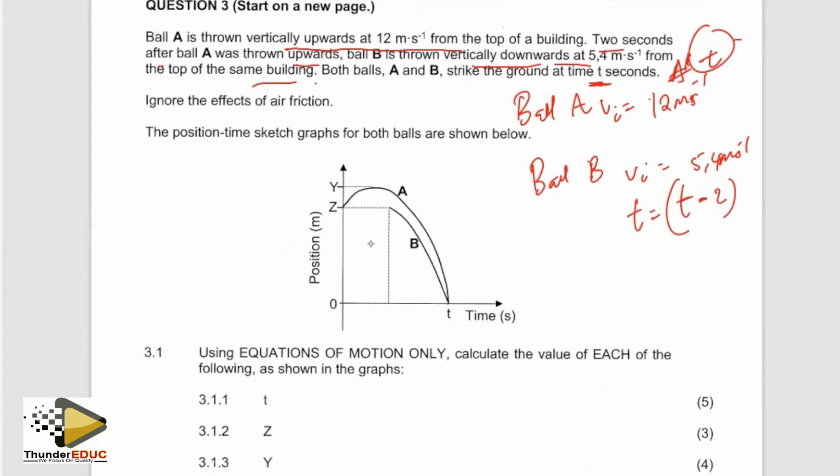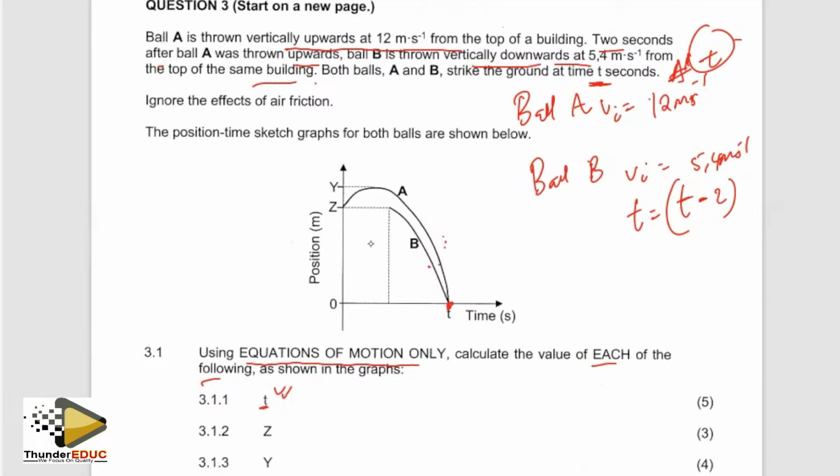Now, for us to answer the question, because they want us to use just equations of motion only to calculate the value of each of the following. They want us to get the t, the time when the 2 blocks strike the ground. For that to happen, the 2 blocks would have traveled more or less the same distance.